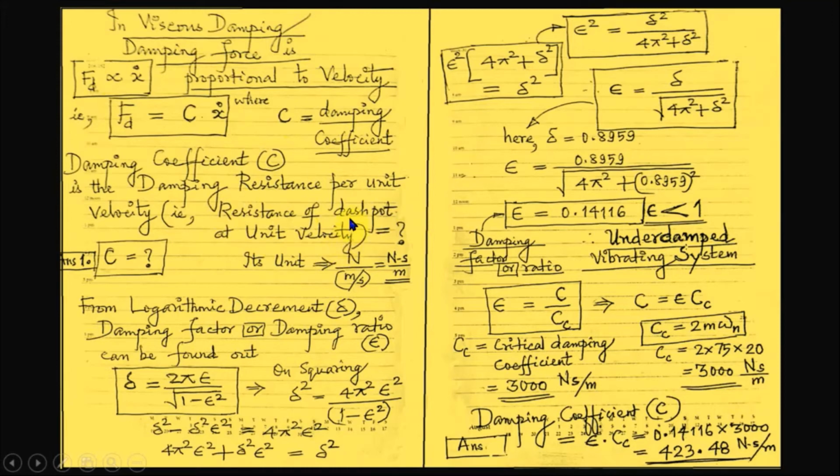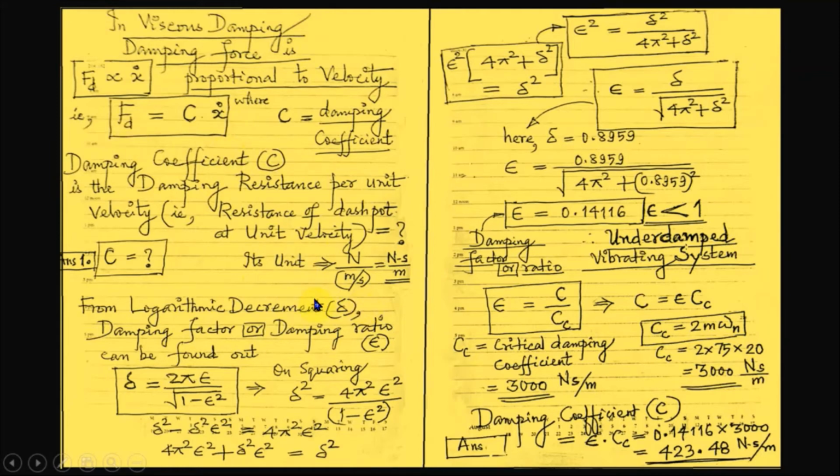What does it represent? It is nothing but Fd divided by x dot. So if you take Fd, damping force or viscous resistance, divided by x dot, that is the velocity, you will get c. So indirectly you are asked to find out the damping coefficient c, which is equal to Fd by x dot.